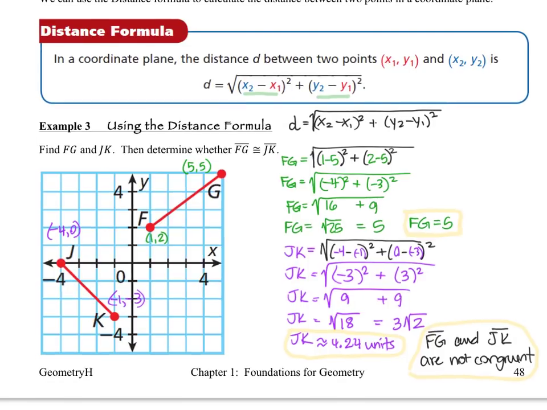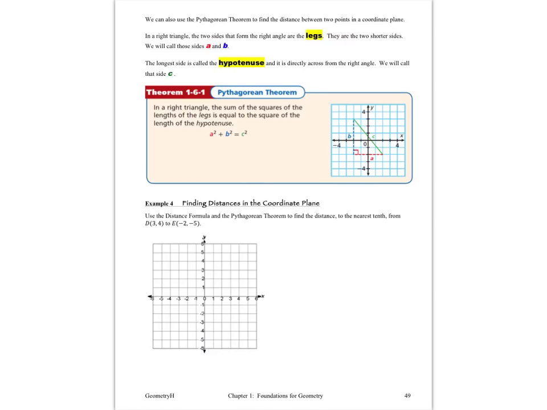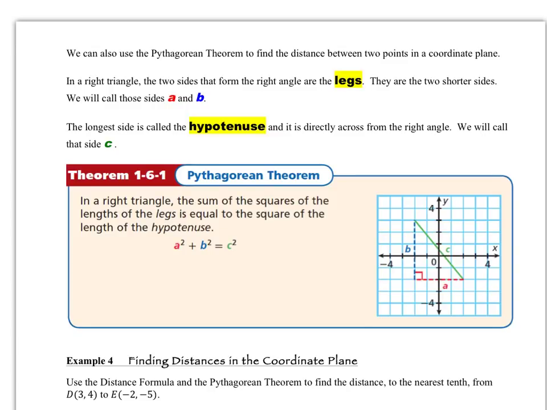All right, let's take a look on the next page where we're going to be talking about the Pythagorean Theorem. We can also use the Pythagorean Theorem to find the distance between 2 points in a coordinate plane, and basically what we're going to do is turn any diagonal segment into a right triangle.